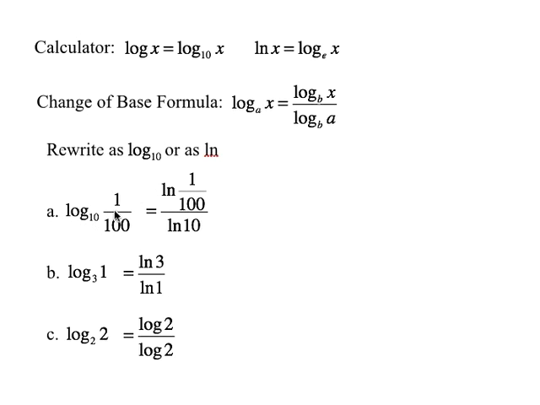We saw this earlier, and I'm just showing you a different way to approach that problem. Again, we've seen this one before. This should be natural log of 1 over natural log of 3. The way it was written is upside down, so it is actually not correct. And over here we've got the log of 2 over the log of 2, which is another way of saying that it simplifies to 1.